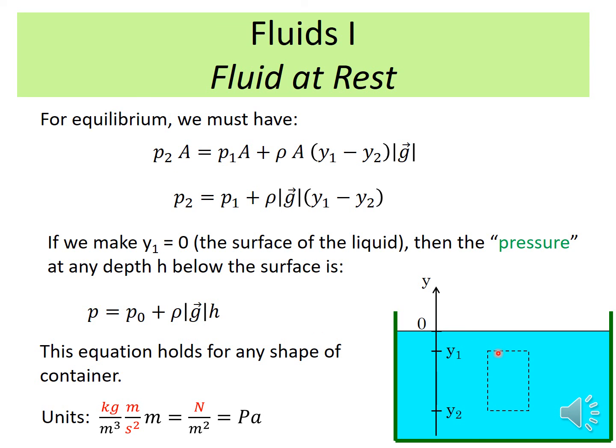To do so, I move my zero line to the position of y1, so that the pressure at the surface of the water is the one at position y1, and then I can replace the difference with h, the depth under the water surface. Now let's have a look at the units of this. This is measured in Pascal, and this of course is measured in Pascal too. So let us see whether this part of the equation also delivers Pascal.